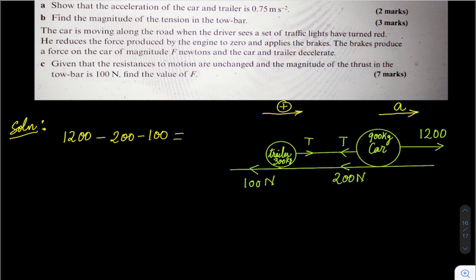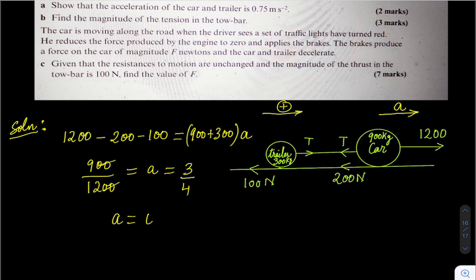What's the net mass? 900 plus 300 total mass into acceleration, that is E, that we have to find out. So what is this? 900 divided by 1200 is acceleration, which is nothing but 3/4, and that is 0.75 meter per second square.